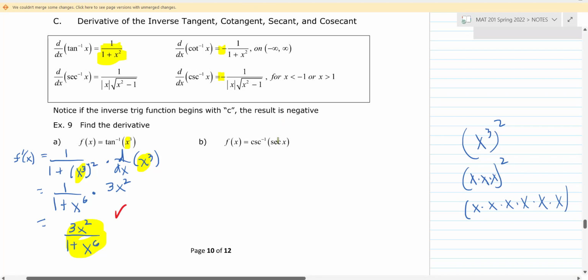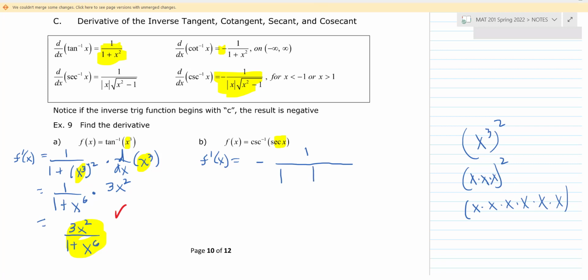Okay, the next one, again, you've got a chain rule. Your function inside is a secant. The big function is inverse cosecant, so we're just going to follow what this tells us to do. So we have f prime of x. We're going to have a negative answer because it begins with c, cosecant. Now we have absolute value of x, and that will be replaced by the secant of x.